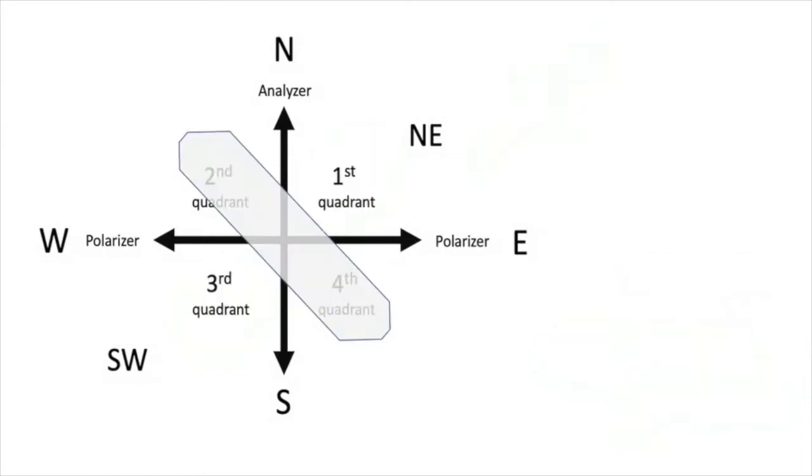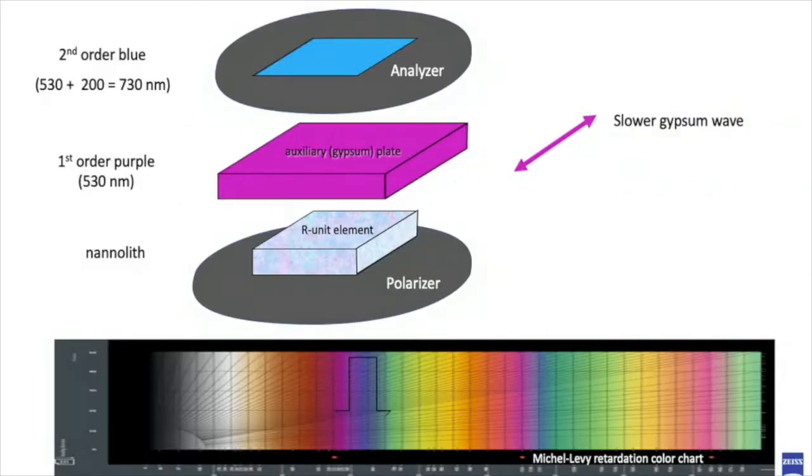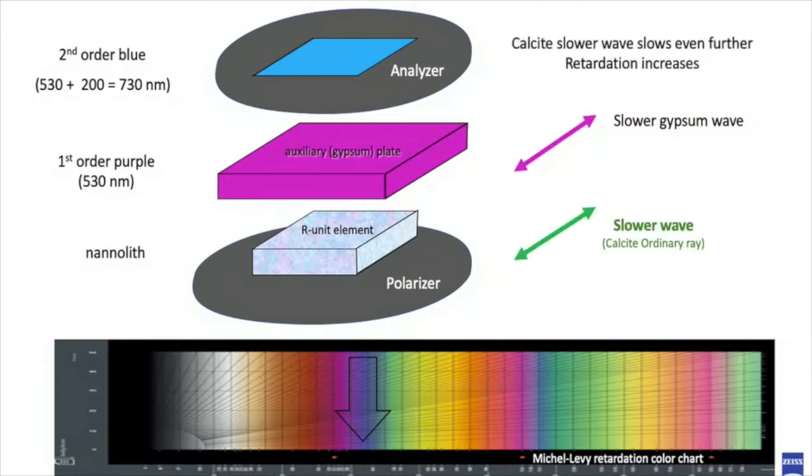You can confirm this interpretation by rotating the crystal 90 degrees. This time, the retardation color should be the second-order blue. Why? Because this time, both the slower waves of the calcite and the gypsum are aligned, and so this configuration further slows down calcite's ordinary ray.